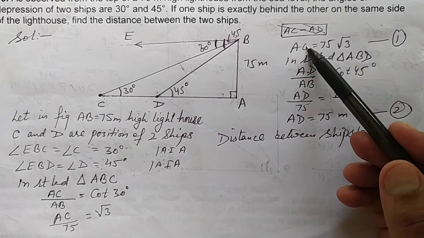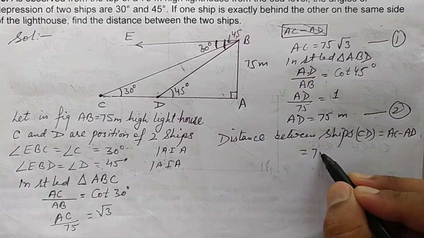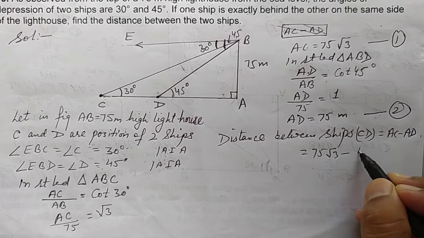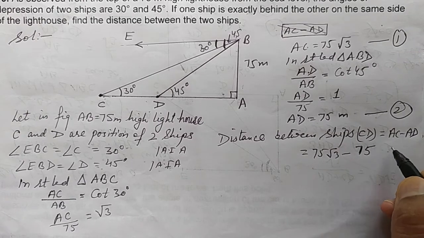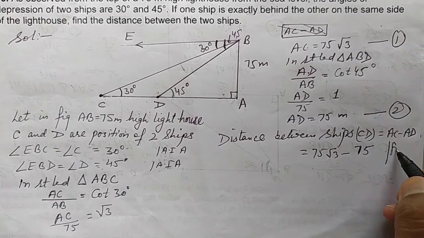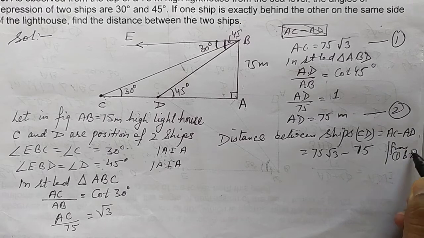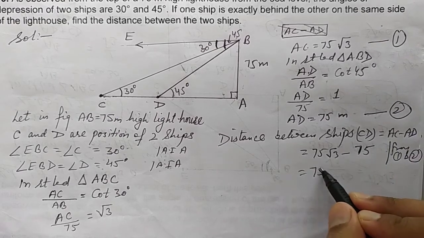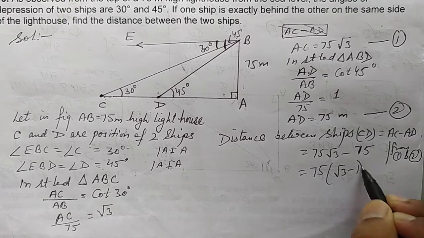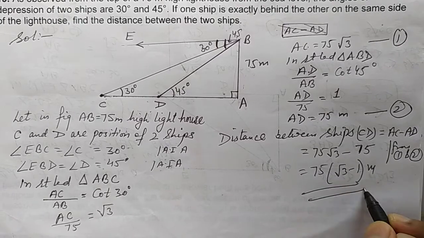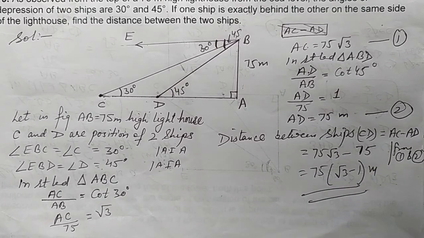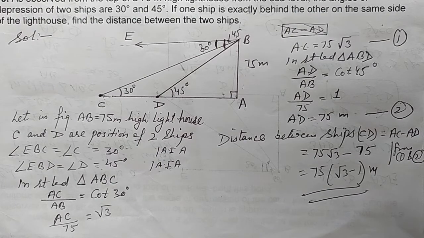So see here, AC is 75 root 3 minus AD is 75. So from 1 and 2 we have written this. So 75 is taken common, root 3 minus 1 meter. So this is the required distance between these two ships. So this way we will solve this question. Thanks for watching.